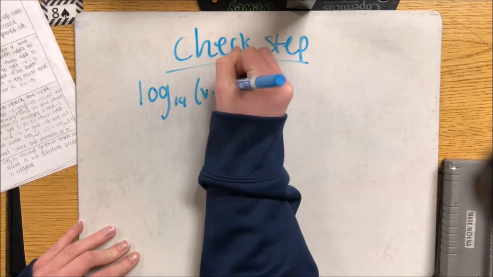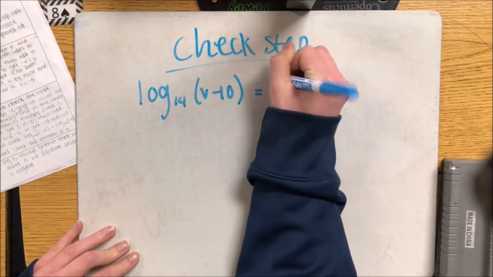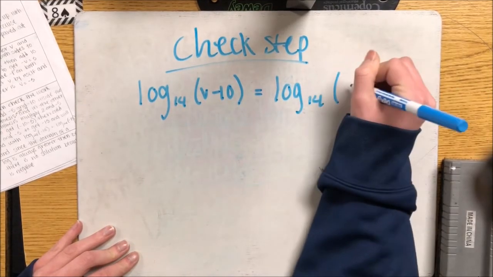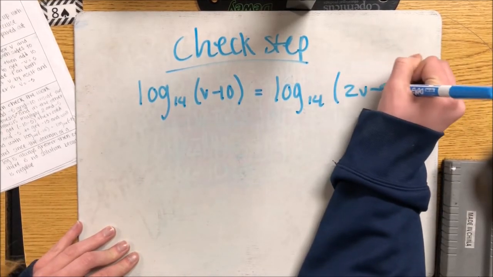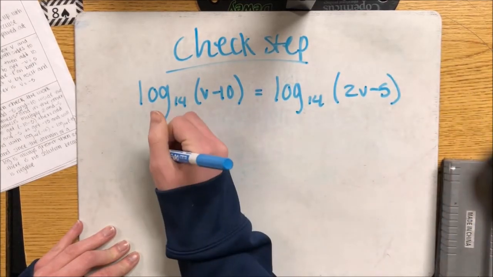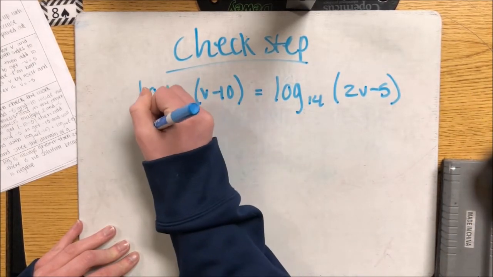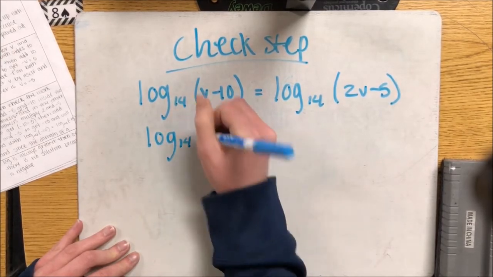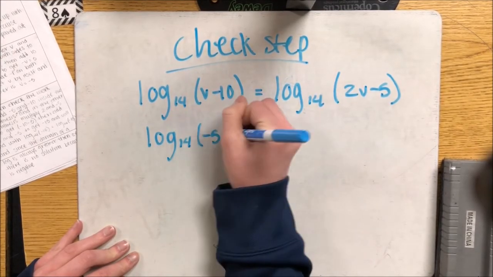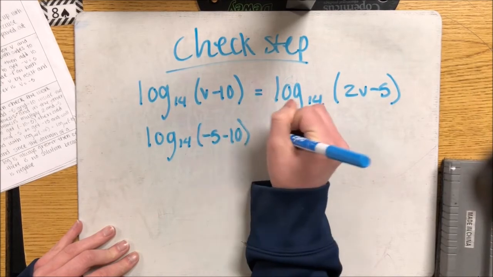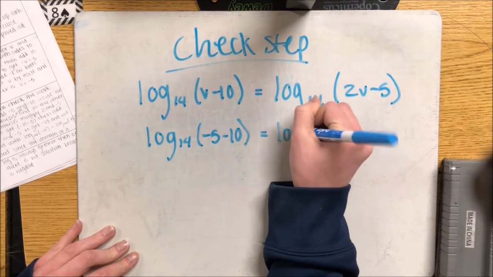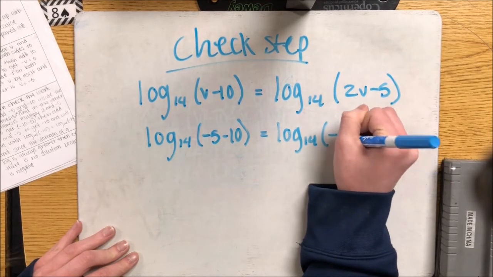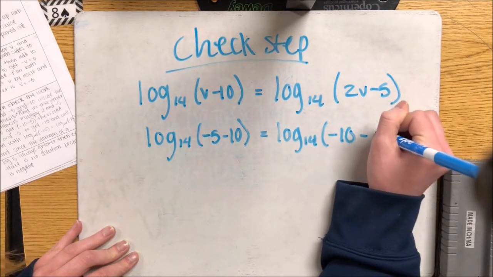Then check the work and add negative 5 and negative 10 inside the parentheses to get negative 15. And in the other parentheses, multiply 2 and negative 5 to get negative 10 and minus 5.